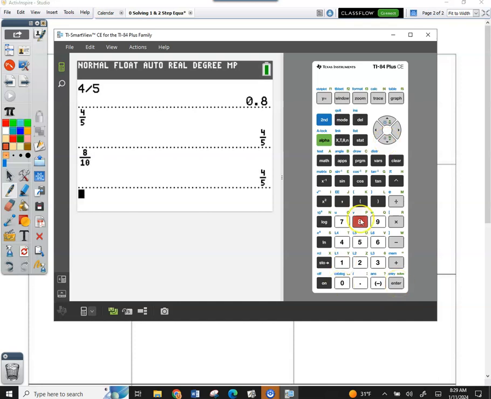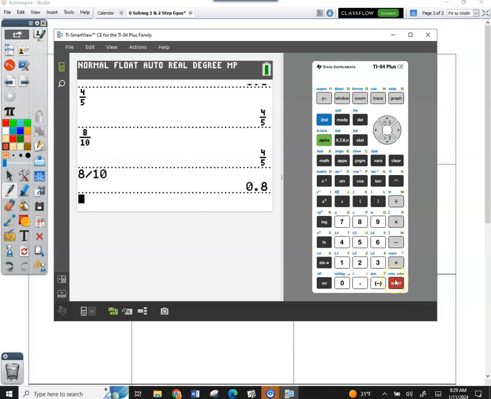And now let's do 8 divide 10. All right, look at the difference. I entered 8/10. When I entered it in stack form, the calculator reduced it for me and kept it as a fraction. When I entered it in that linear form, line form, it only spit it back to me as a decimal.